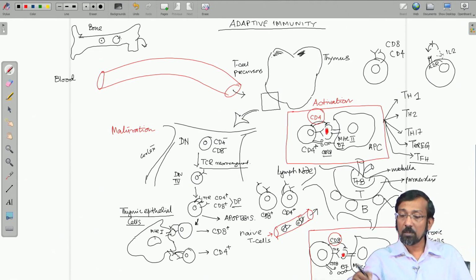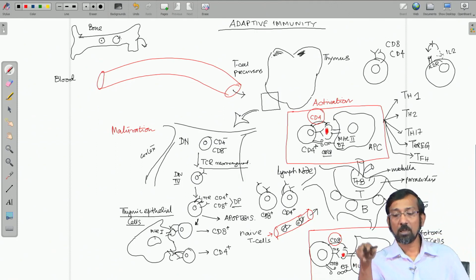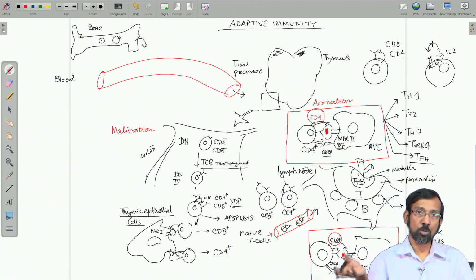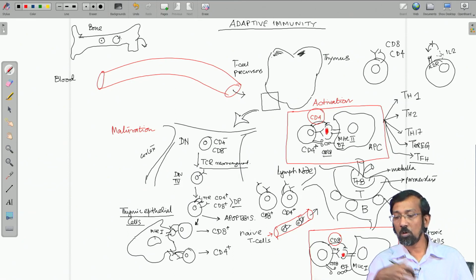So, that class of interleukins helps these cells to differentiate into different types of effector cells or the memory cells. Either they will produce effector T cells, which are the Th1, Th2 or the cytotoxic T cells, and they produce the memory T cells as well.